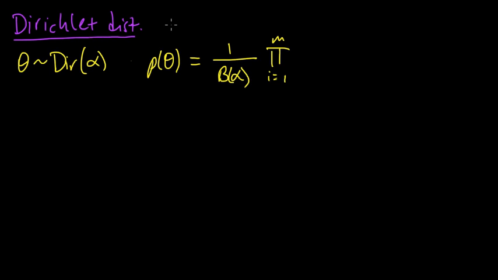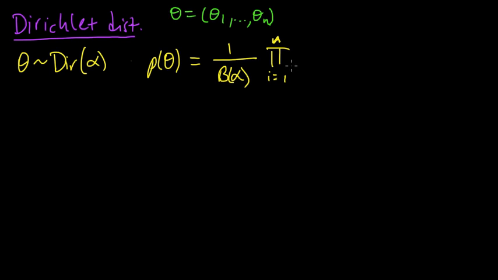So let's say that this theta is going to be an n-dimensional vector. This is going to be a distribution over n-dimensional vectors, and the density is this thing.